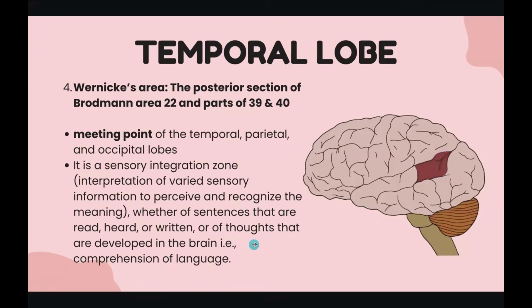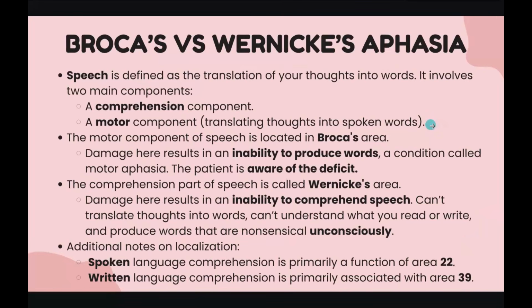It is all about comprehending that, and it goes hand in hand with Broca's because Broca's is forming the speech and Wernicke's is comprehending it, all right? So basically, a better way to explain it is that speech is defined as the translation of your thoughts into words, right?